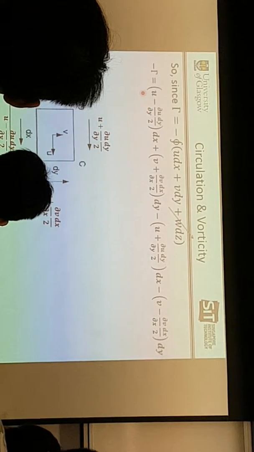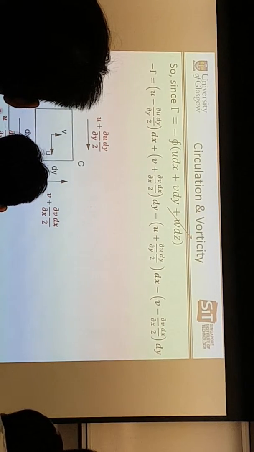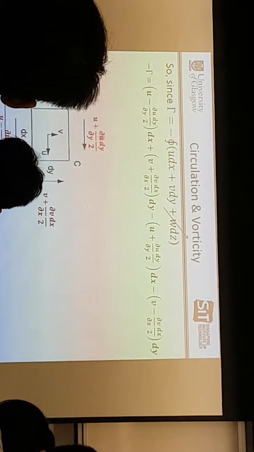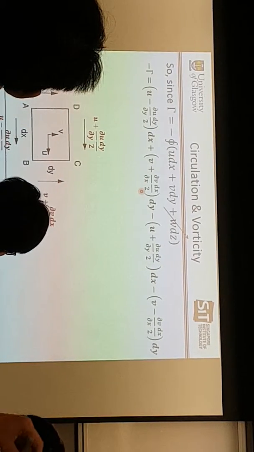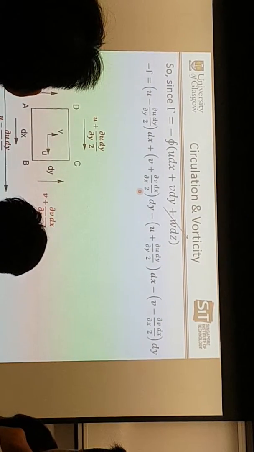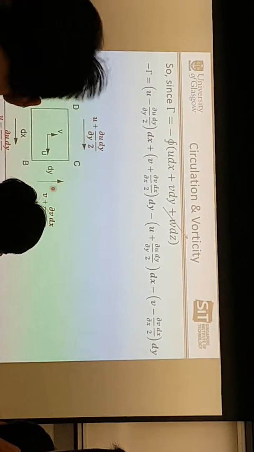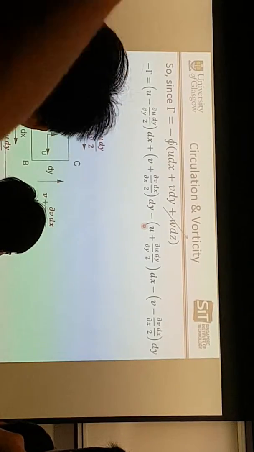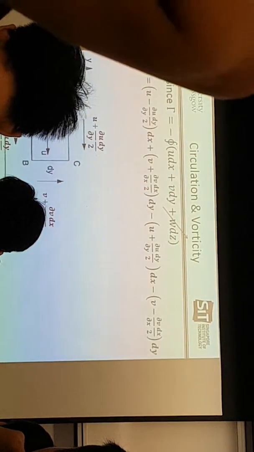When I expand the terms out, this is what I get. This term here, u minus du/dy times dy over 2, is this term here, and I multiply by dx. Now this term here, v plus dv/dx times dx over 2, times dy, is which one? It's on this one, right? That's why the next term has to be a minus sign, because I'm going anti-clockwise.